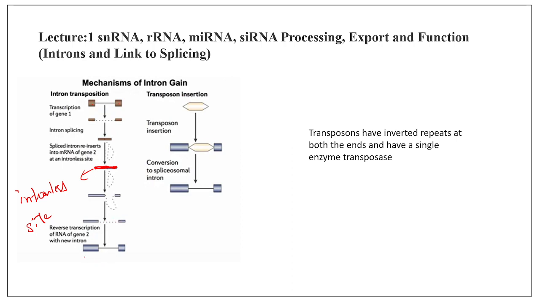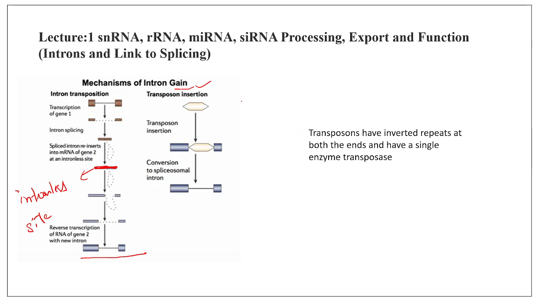And then you can see this is a complete DNA which is now made, where there is now an intron. So here we're talking about the mechanism of intron gain: how a particular gene gains an intron, how it gets an additional intron. The intron which is deleted from one exon can come from there and join to another exon where there are no introns, an intronless exon.